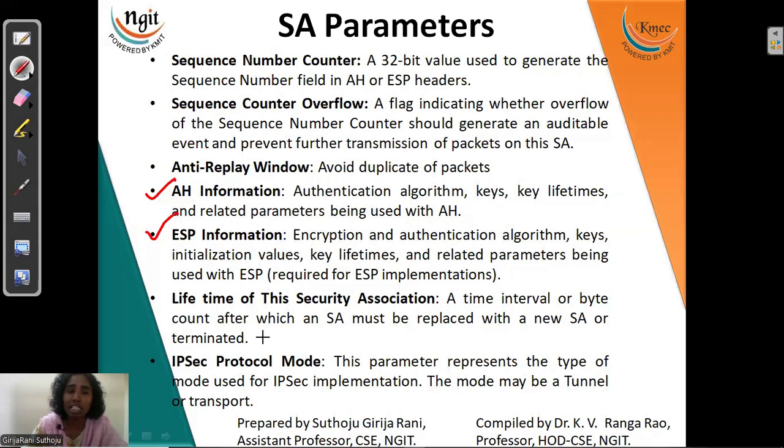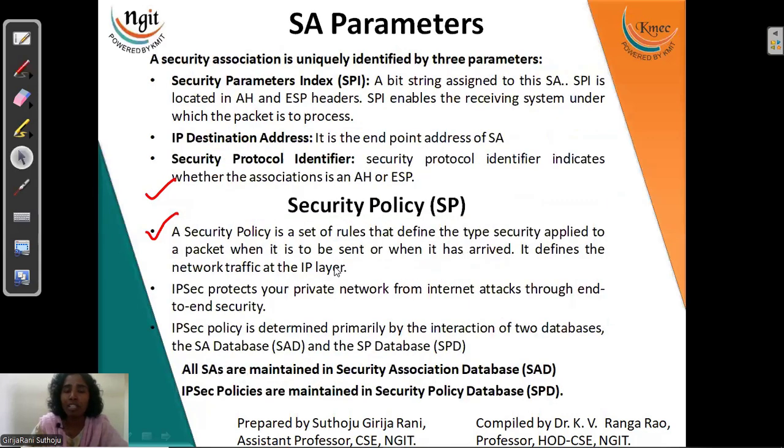Along with that, the lifetime of SA has to be enabled every time. When an SA has been generated, its lifetime must always be active. If it is terminated, its life is gone, so again we have to generate that SA. And along with this, we have to know about the protocol mode, the IP security mode, where we have two types, tunnel and transport mode.